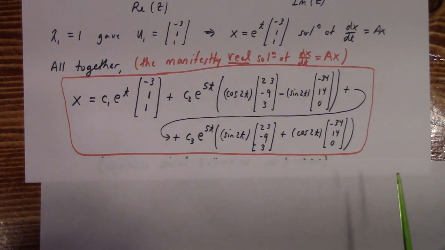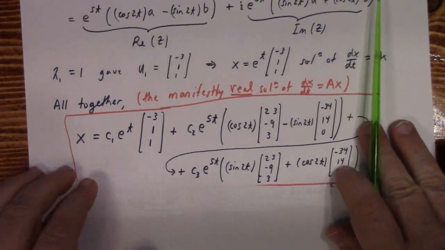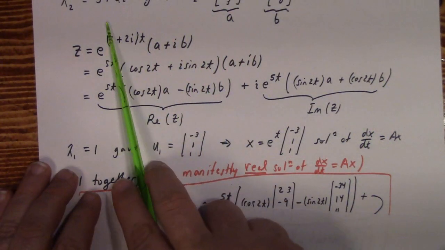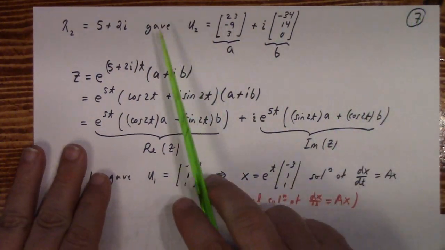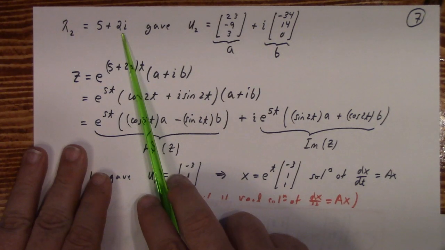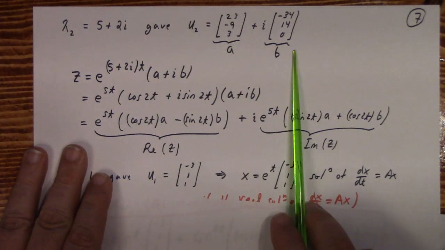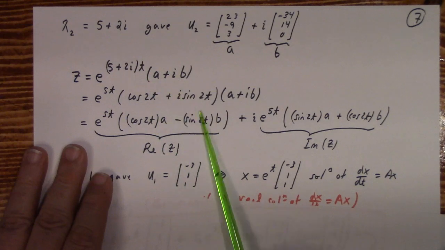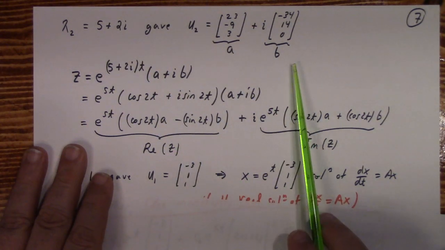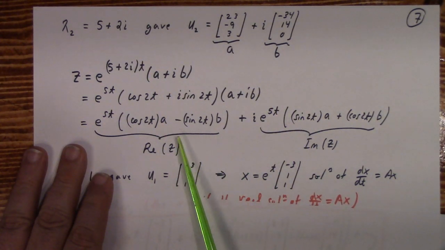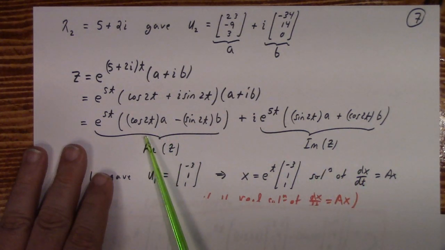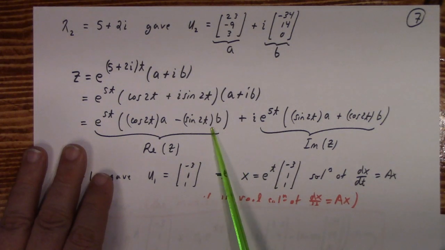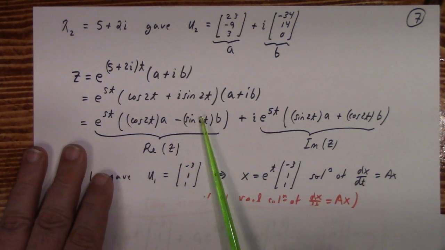Now, if you're really paying attention, you might be wondering, what about the complex conjugate eigenvalue? Well, 5 minus 2i has eigenvector a minus ib. And if you go through this whole rigmarole, all that does is switch b to minus b, and beta to minus beta.